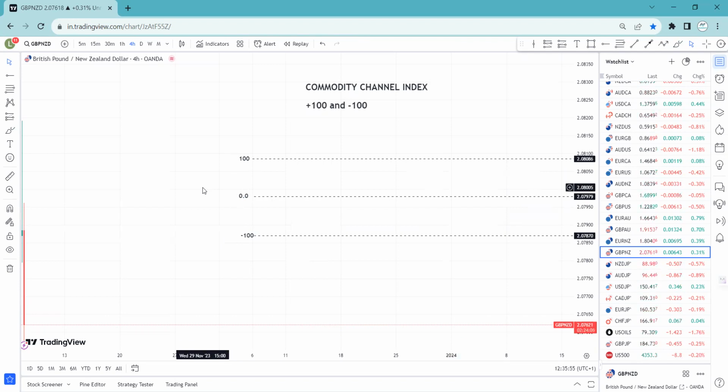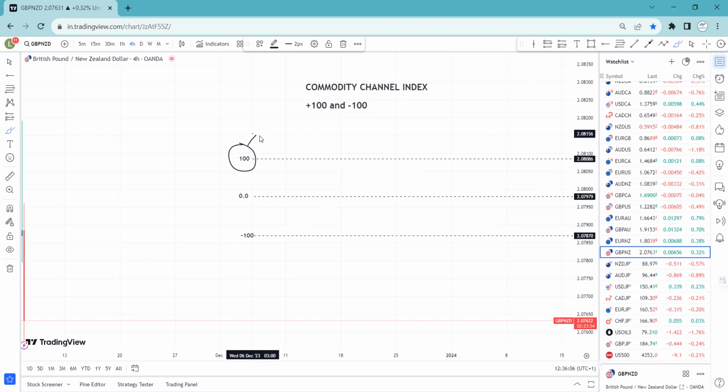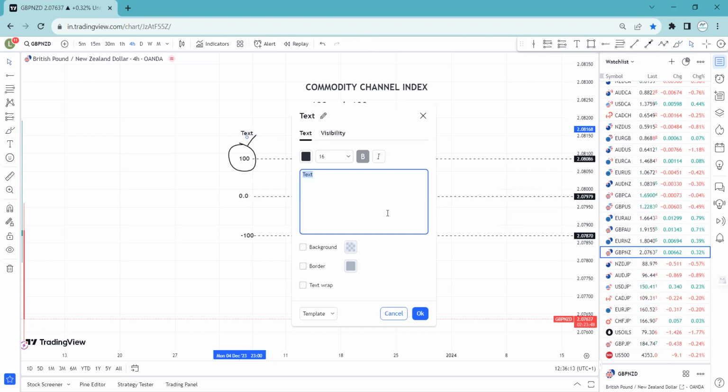So above the positive 100, we simply have the market saying that, look, let me put it in the easiest way you can remember. When the commodity channel index goes above the positive 100, what it means is what?